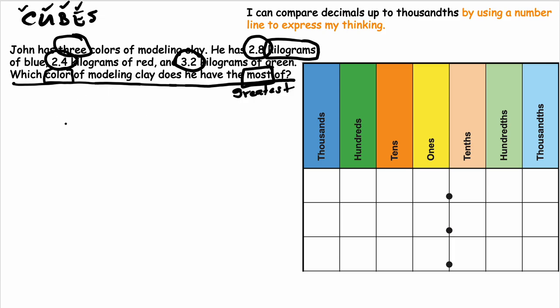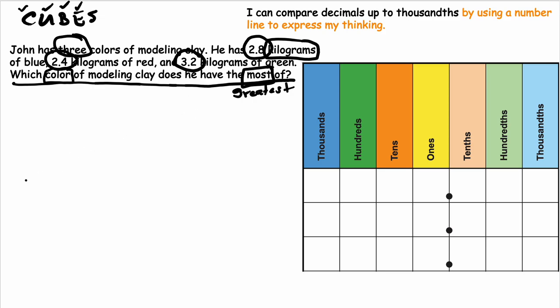The way we compare decimals is by using a place value chart, or in this particular strategy, a number line. To use a number line, we look at the 3 numbers that we have: 2 8/10, 2 4/10, and 3 2/10.